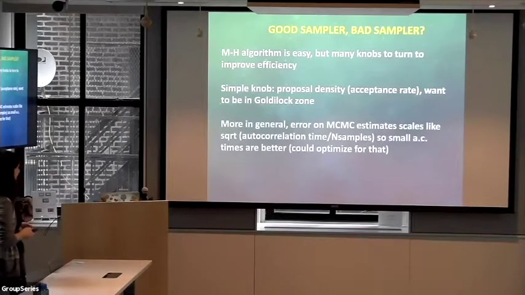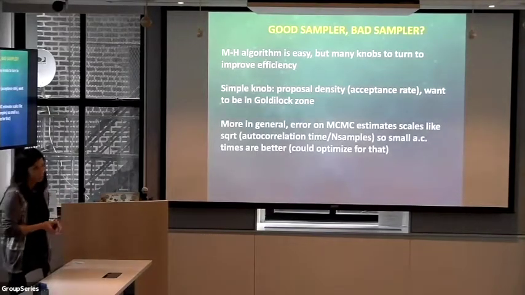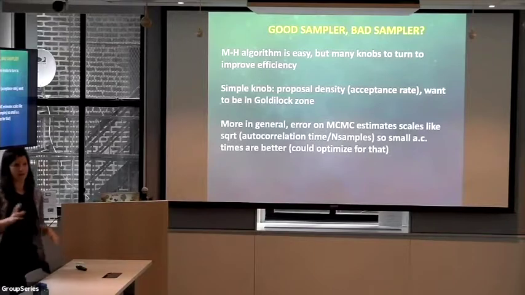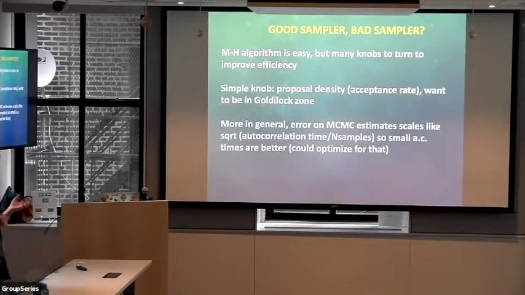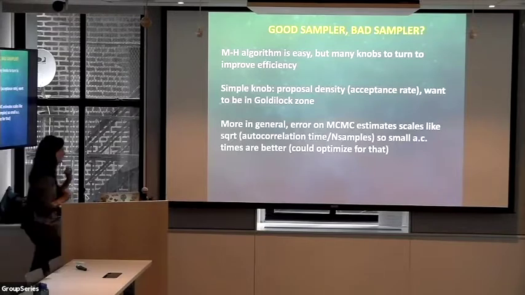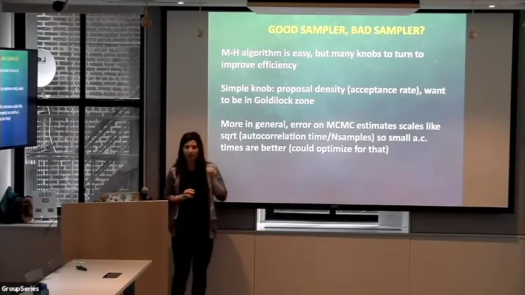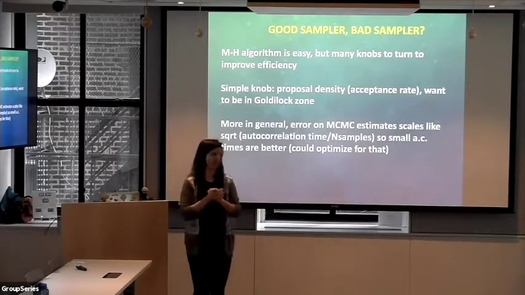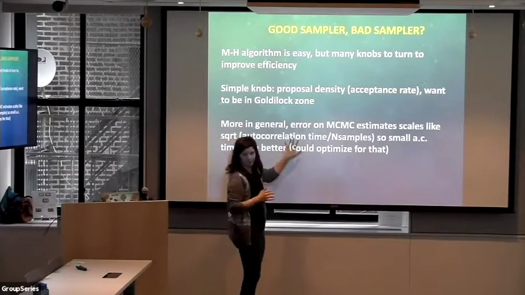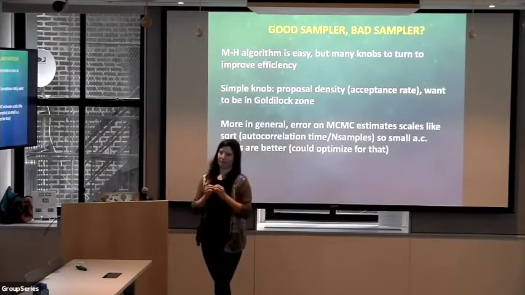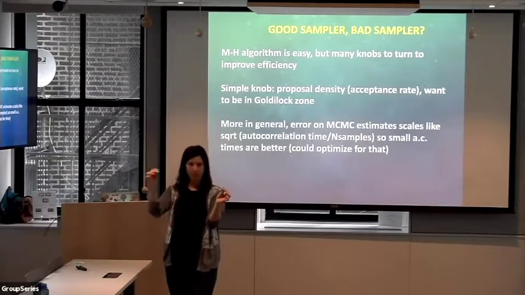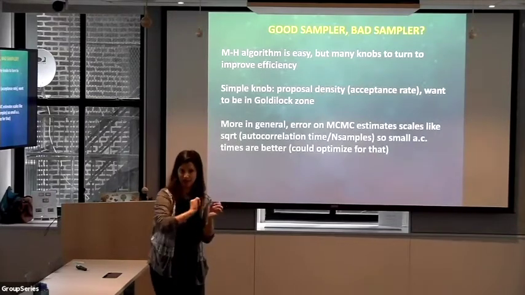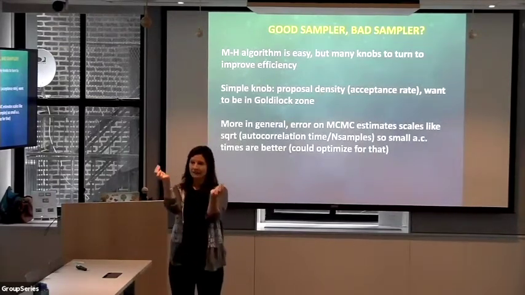More in general, and this is actually what Hope and Dan argue in the paper that I don't know if you guys took a look at, their idea is that the single most indicative metric of the efficiency of a sampler is something called the autocorrelation time. The autocorrelation time is basically the separation, measured in steps of the chain, after which you have independent samples.